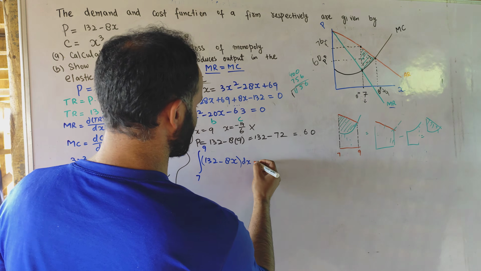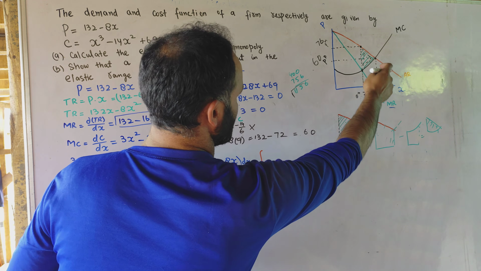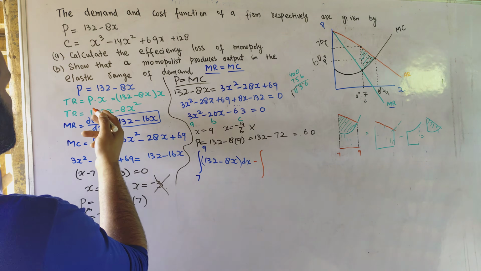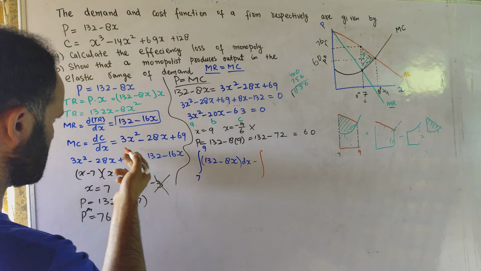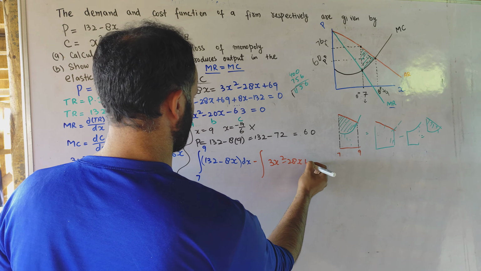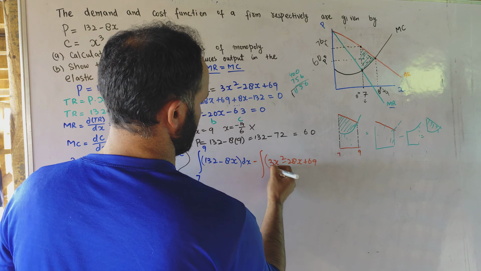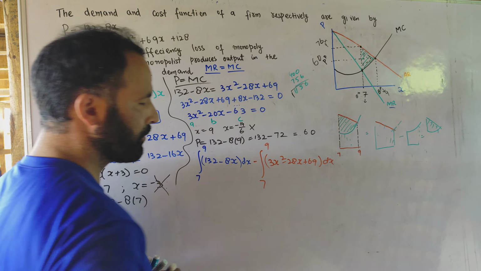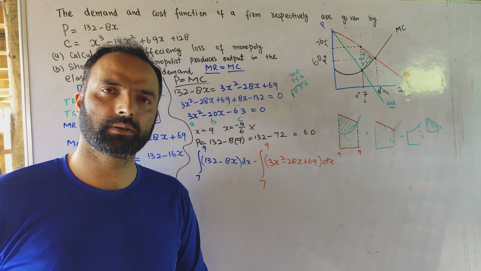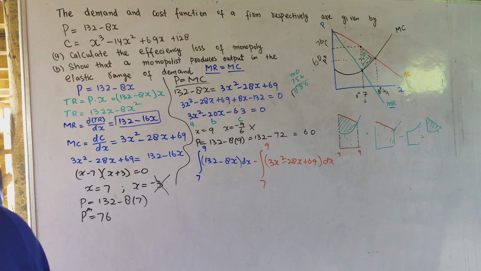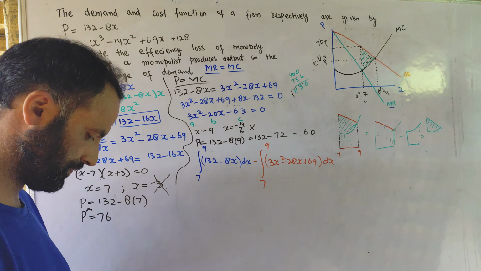And from this we subtract the area of the marginal cost function, that is 3x square minus 28x plus 69, dx, from 7 to 9. Okay, first let me see if it is visible. I guess it is visible enough.